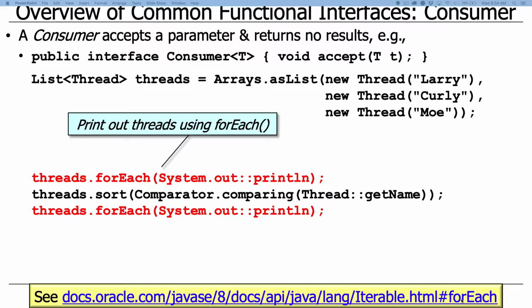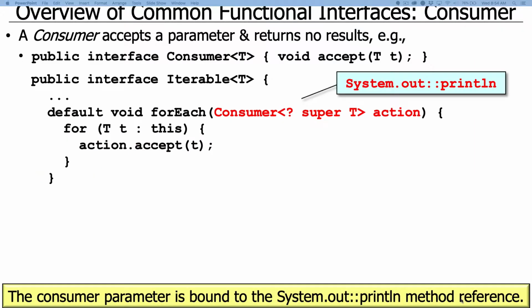So that issue is sidestepped by the rule that you only have a single abstract method in a functional interface. If you don't have a single abstract method, it's not considered a functional interface, and therefore couldn't be used as the basis for a lambda expression or a method reference. Now, there's going to be one interesting caveat to that we'll talk about in a second, but that's the best way to think about it for now.